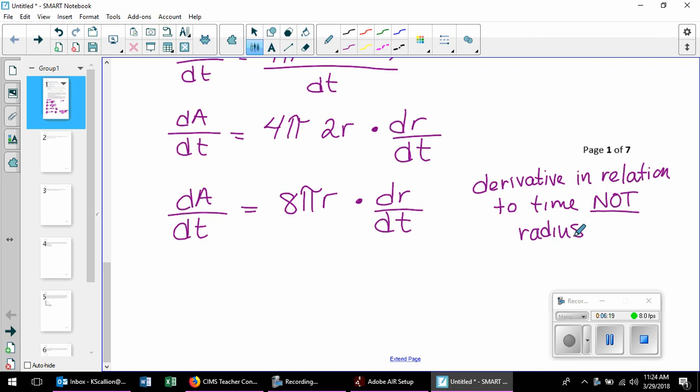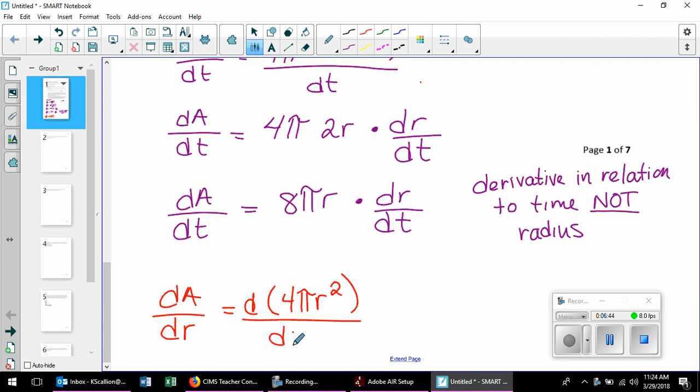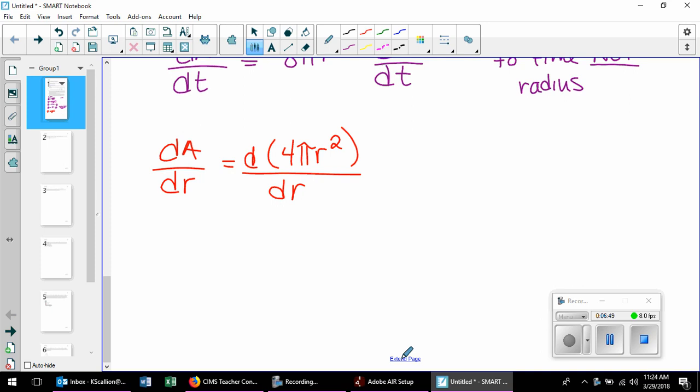Okay, so slightly confusing. Had you done this in relation to r, if you had taken dA in relation to dr, that's super easy. You would take the derivative of 4 pi r squared in relation to radius, and that's just your standard issue derivative.